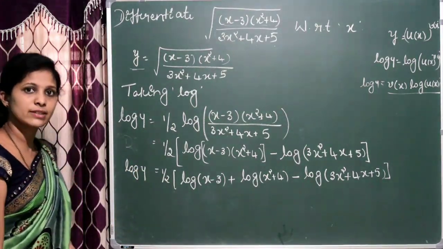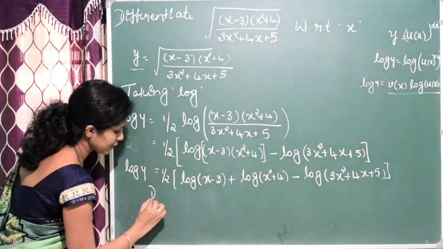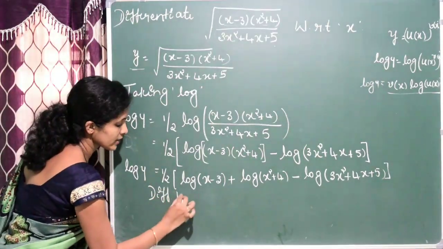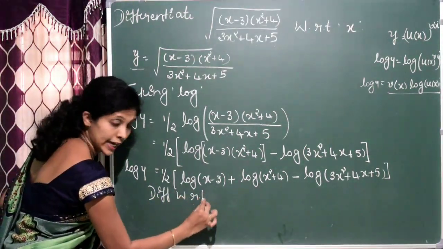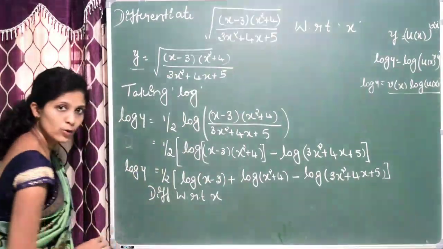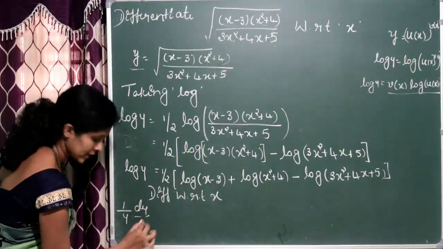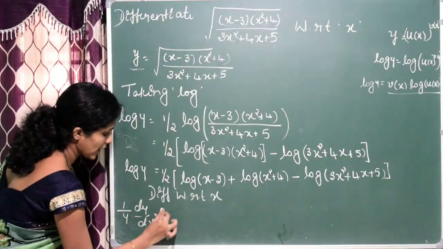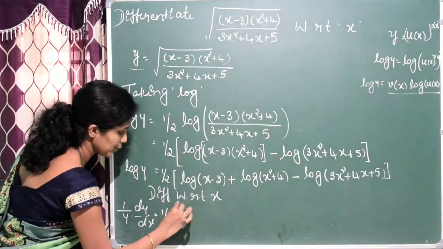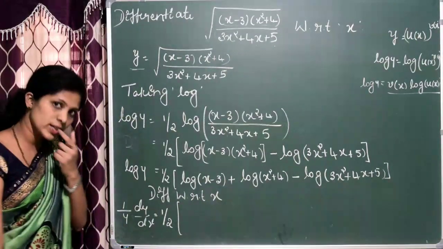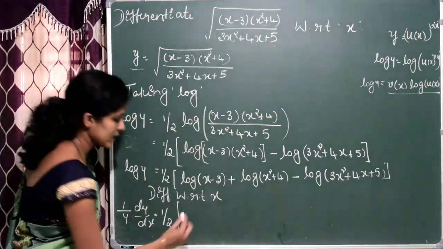Now we will differentiate this with respect to x. Differentiating with respect to x, the derivative of log y will be 1 by y into dy by dx, is equal to, I will write the constant as it is, 1 by 2 times log of x minus 3, which is 1 by x minus 3, right?